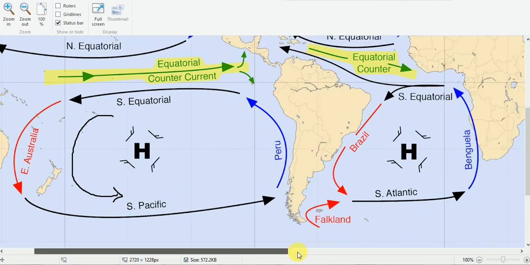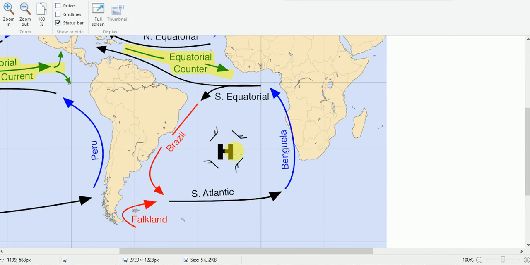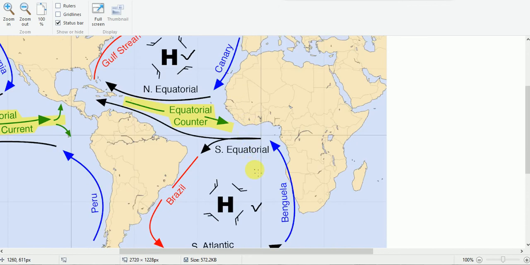And likewise in the Atlantic Ocean also, the ocean currents are anticyclonic in the North Atlantic Ocean, and here also anticyclonic. In the northern hemisphere it is clockwise, and in the southern hemisphere it is anti-clockwise.